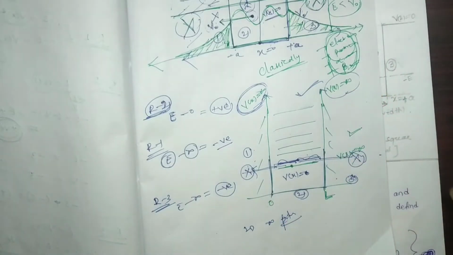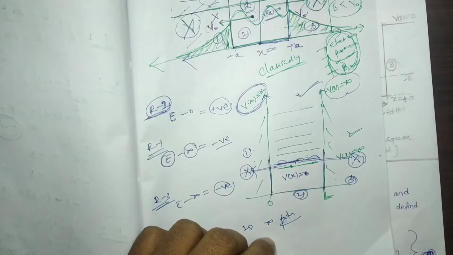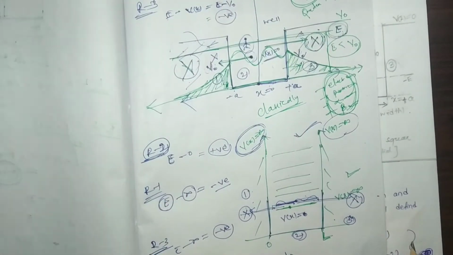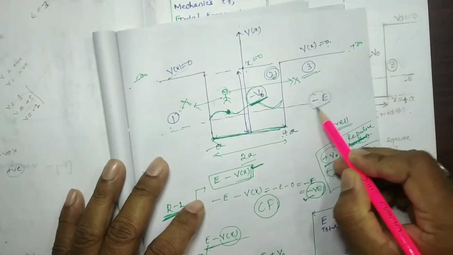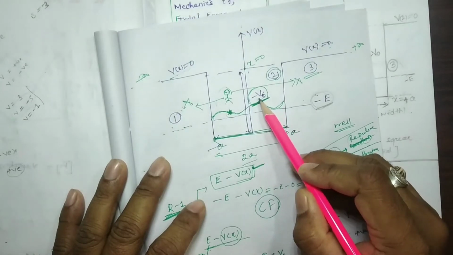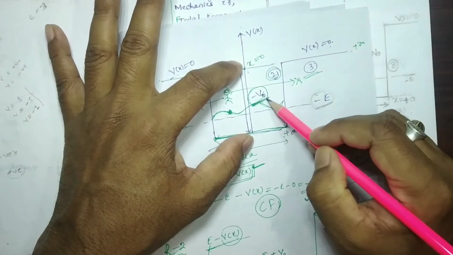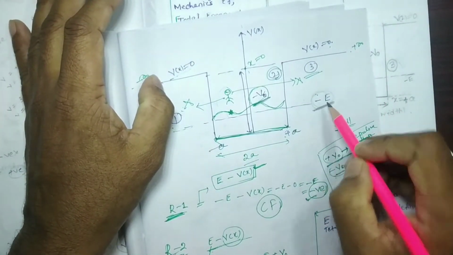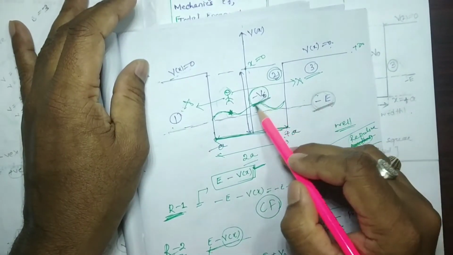Here I forgot a small thing that I have to tell you. If here the energy is greater than the potential, the depth is minus V0 and the total energy is minus E, but here the total energy, represented by the dotted line, is greater than V0.